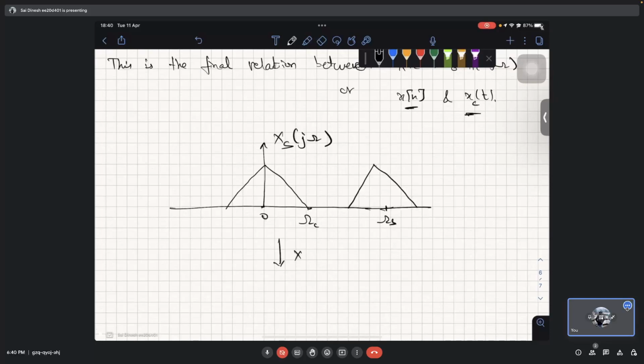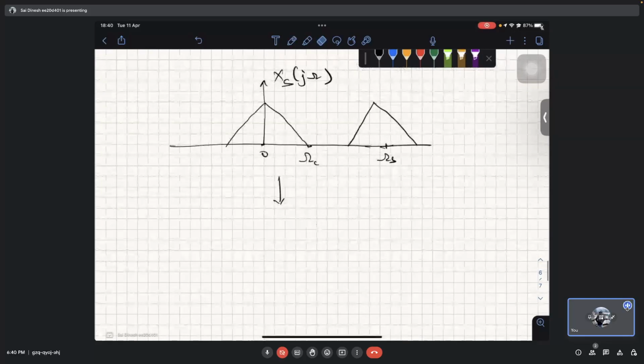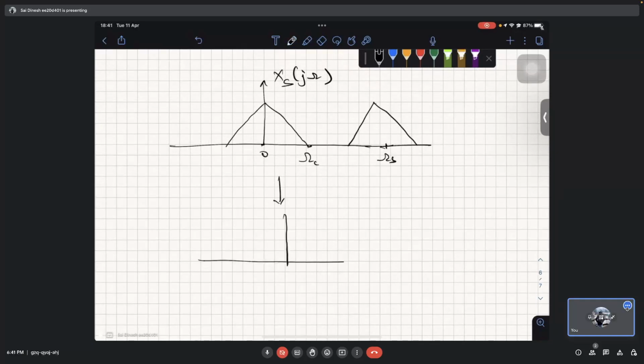How do we move to the discrete domain? Omega s becomes omega s into T. Everything gets time normalized, so omega c into T, etc. But what is this? 2 pi by T into T, which is equal to 2 pi.